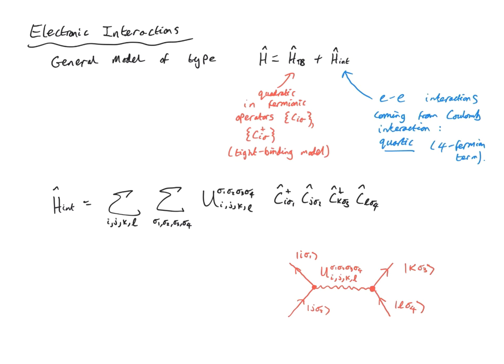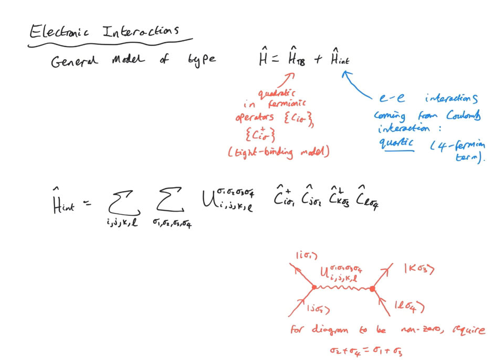And so what we can read from this diagram is that for this diagram to be non-zero, we require sigma 2 plus sigma 4 to be equal to sigma 1 plus sigma 3 if we have overall spin conservation.